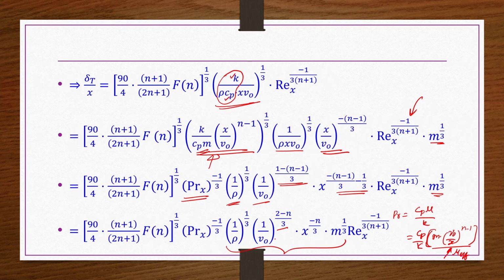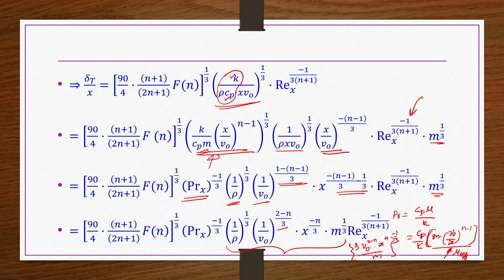So, what I can do from here, I can write rho v naught power 2 minus n x power n divided by m whole power minus 1 by 3, isn't it, right.